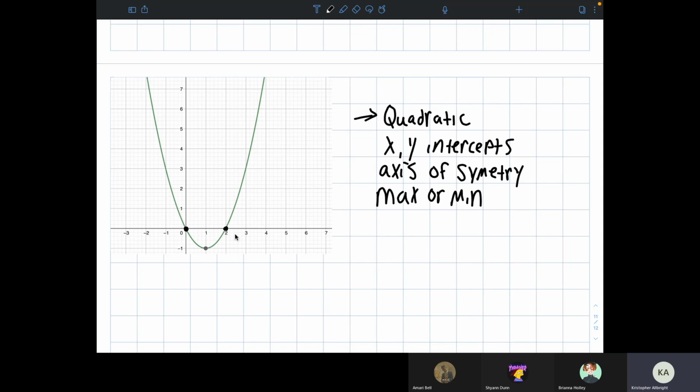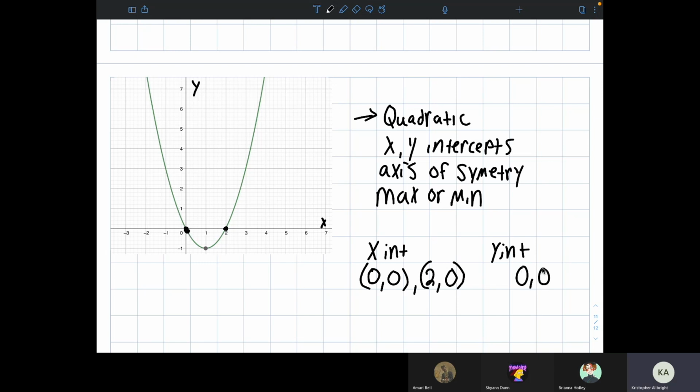The x-intercepts are 0, 0, because that's where it's crossing this axis, and 2, 0. Our y-intercept is where it crosses this axis. It crosses right there again, so I'm just going to say 0, 0.